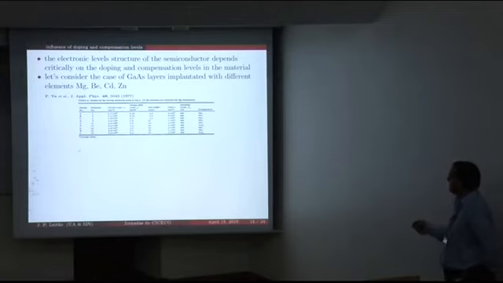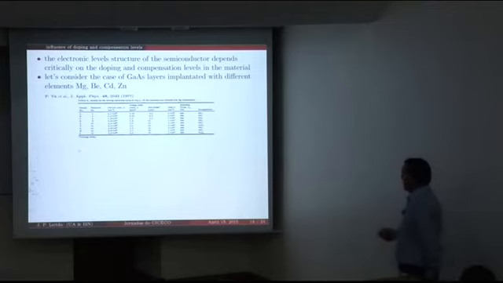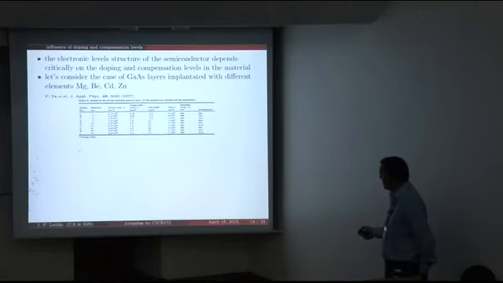I will start by discussing gallium arsenide layers. This work is from 1977, and I think it's very good work. You consider different samples in which we can see that the carrier concentration is increasing as we decrease the element.